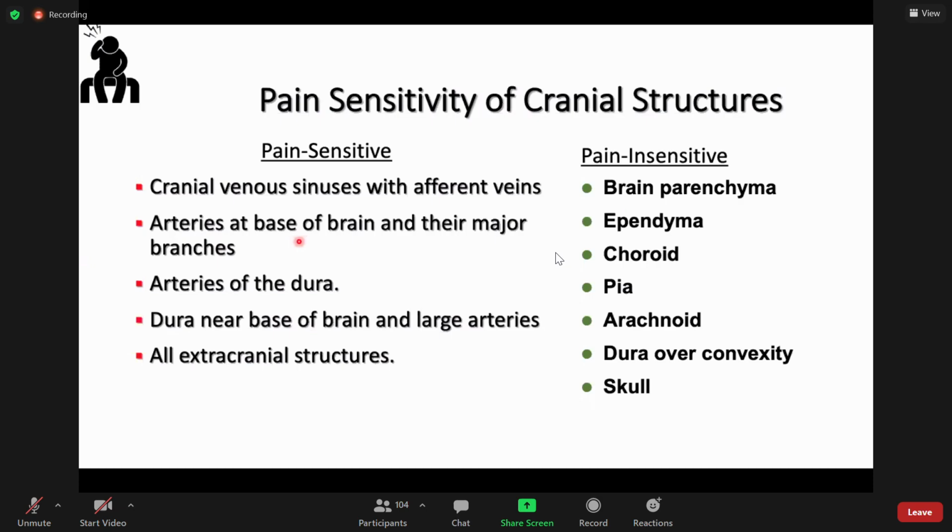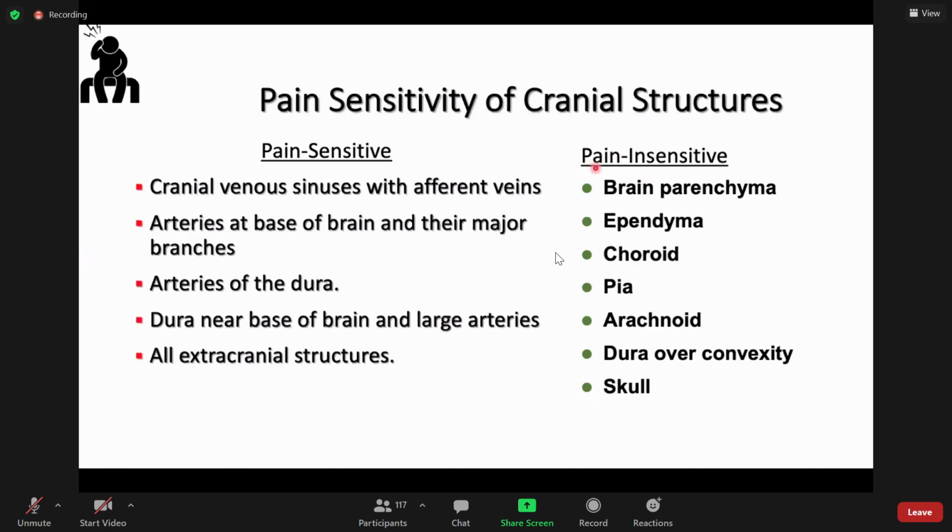The small branches do not have fibers that carry pain. Also pain-sensitive are the arteries of the dura, the dura near the base of the brain, the large arteries, and all the extracranial structures such as the scalp, the facial structures, and so on.